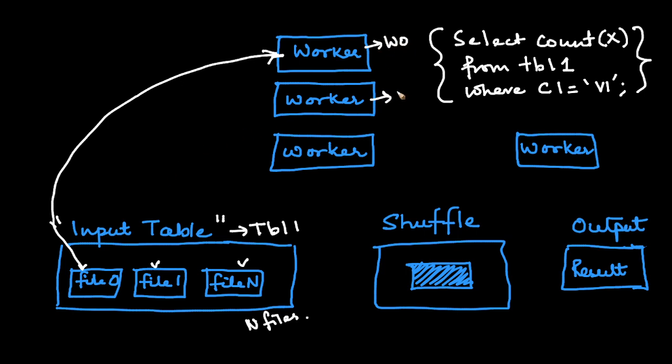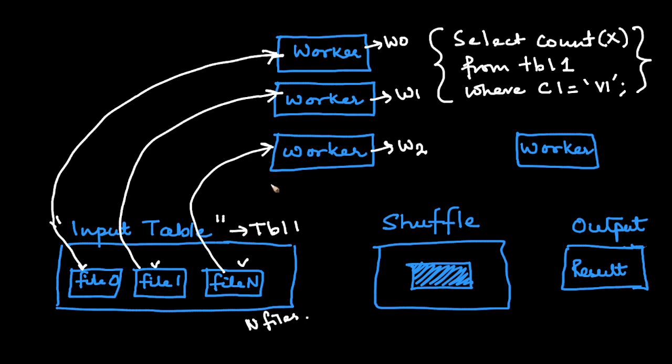Then there is one more worker, W1, and one more worker, W2. W1 will be processing file 1 and W2 will be processing the third file. We have just assumed that n is equal to 3, hence we need only 3 workers.